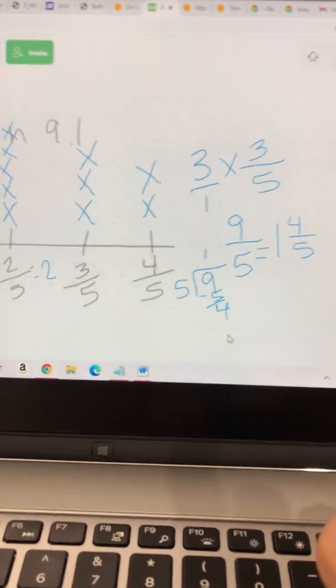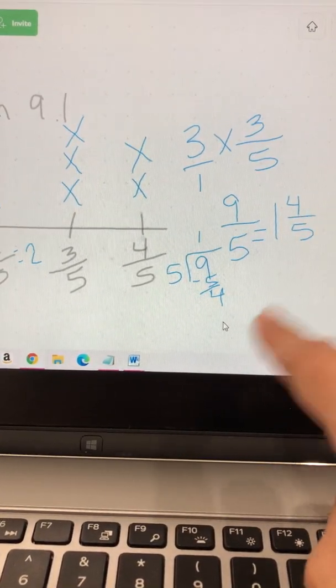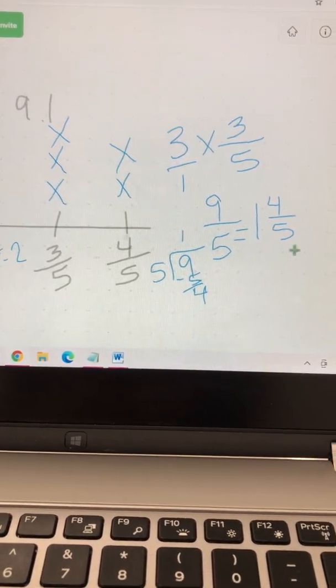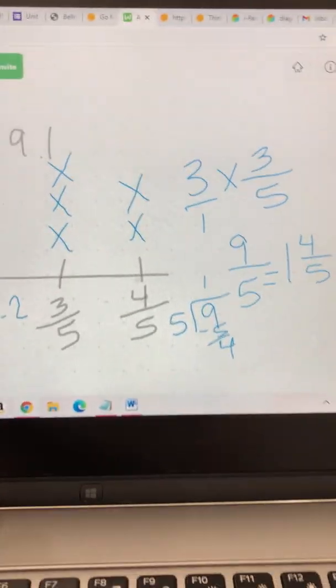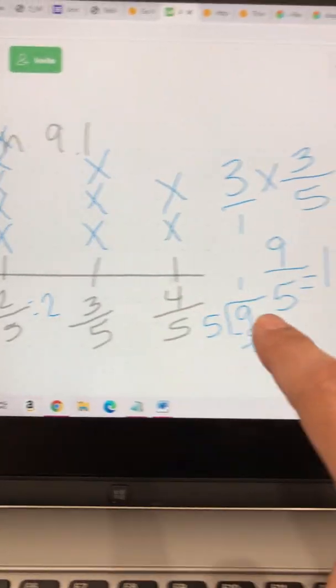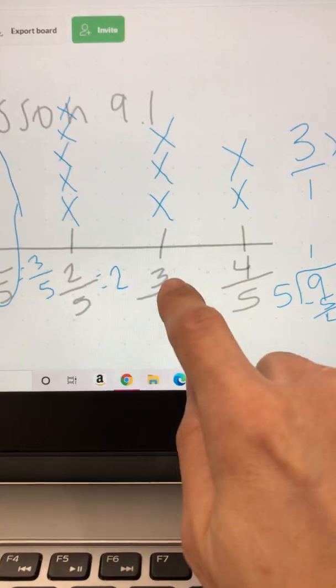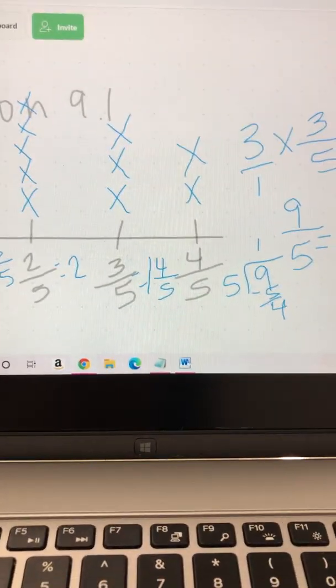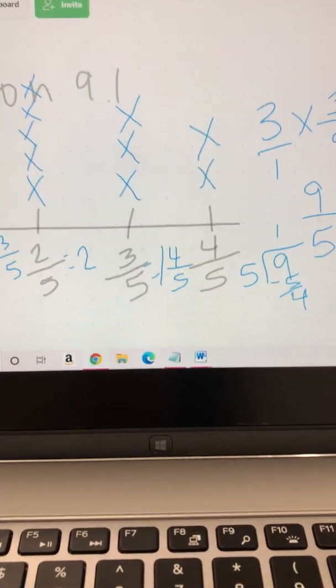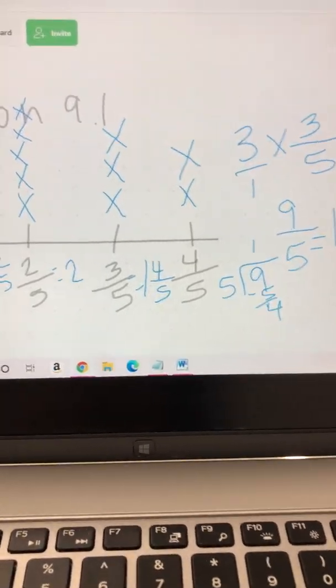For 3 chapters in a row we've been doing this, so this is not something new, okay? Let me zoom back in because it's kind of small now. Alright, so for 3/5, we got 1 4/5. So I'm going to write 1 4/5 here as our sum for 3/5.